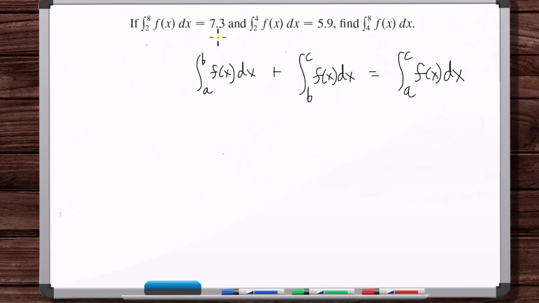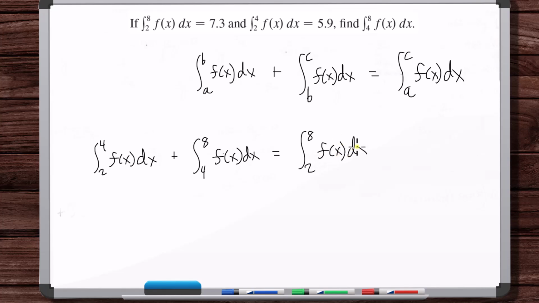So if we write this out here, this goes from 8 to 2, this goes from 4 to 2, this goes from 8 to 4. So we've got the integral from 2 to 4 plus the integral from 4 to 8 is going to be equal to the integral from 2 to 8. Okay, now we know this integral.